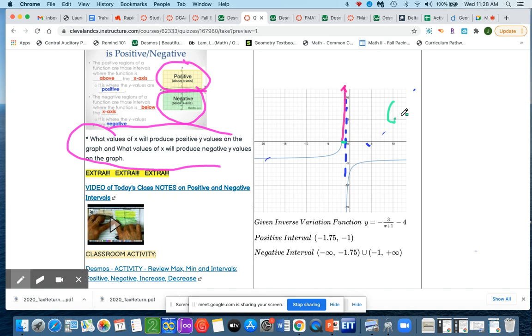So starting at the x-intercept and ending at the asymptote, those x values in between those two numbers will pair up with positive y values to produce this graph right there. Okay?